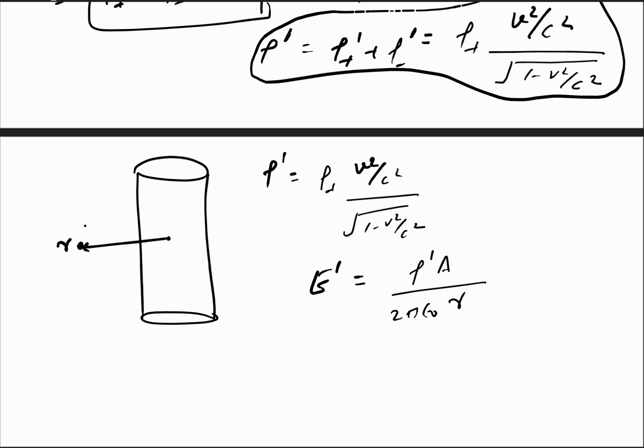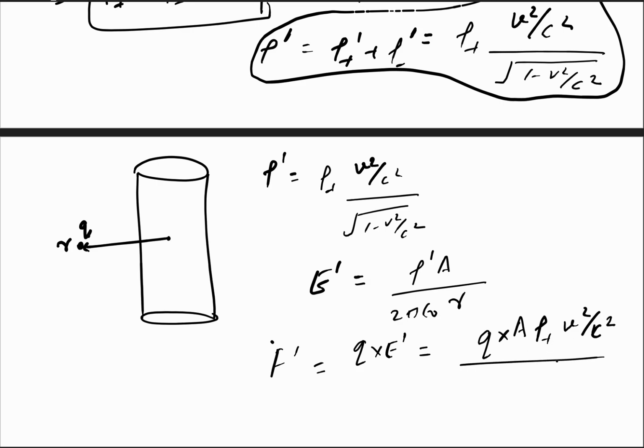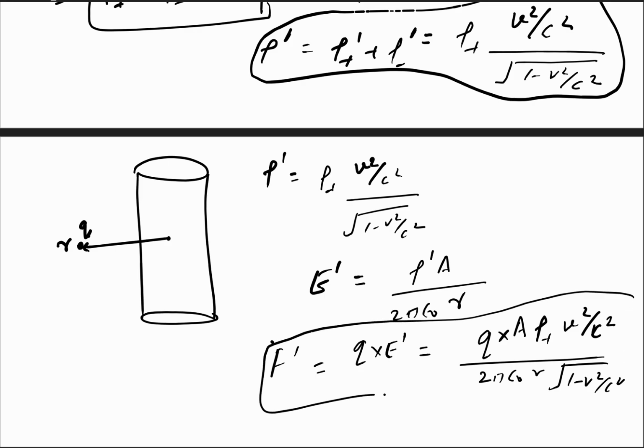Let us say the charge is present here. So the force on the charge in the S dash frame will be q into e dash, equal to q a rho plus v square by c square over 2 pi epsilon naught r into 1 minus v square by c square. So this is the electric force which will be felt by the charge in the moving frame.